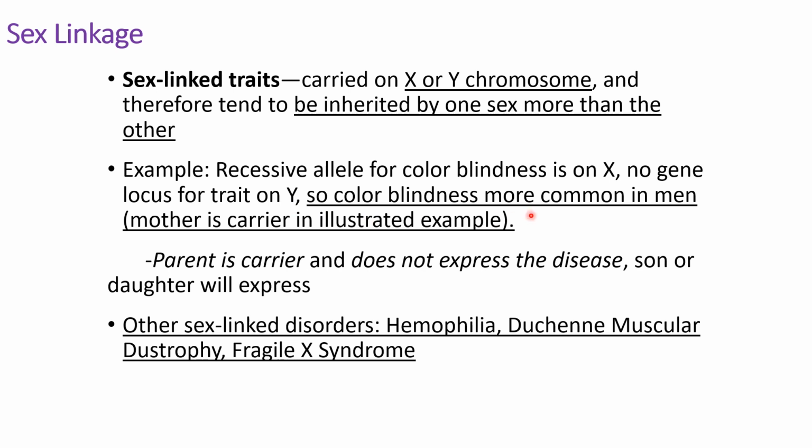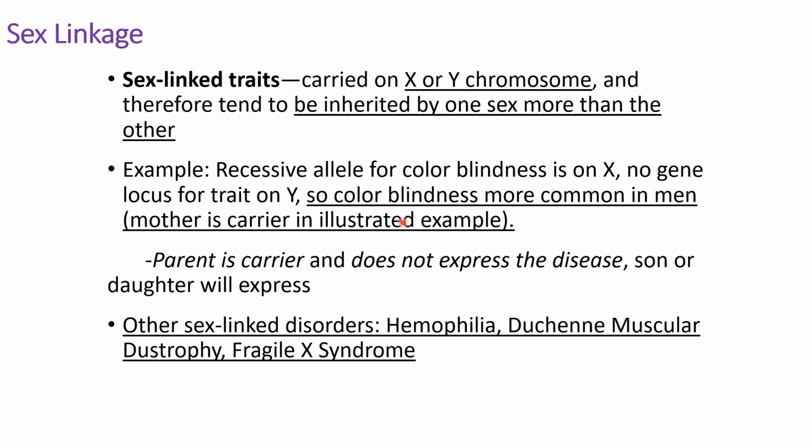So what this means is color blindness is going to be passed on from the mother, because mother has X. So if someone is born colorblind, that means mom had the allele for color blindness on her X chromosome. But keep in mind that Y does not contain a gene for this.